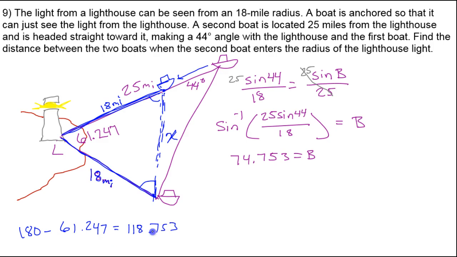But now I'm going to divide that by 2, so I can separate it between these two angles. So if I divide it by 2, then now I'm getting 59.377. So each one of these angles is 59.377.